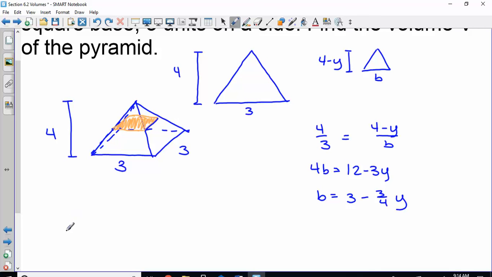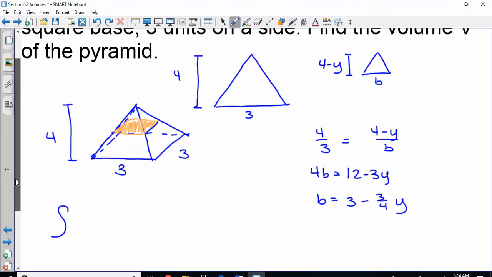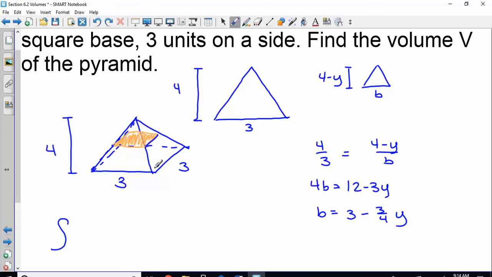So we are going to integrate here. I think it would probably be easiest to do this one in terms of y. So we said we are setting it on the x-axis, so my lowest y value is 0, and my biggest y value is 4.